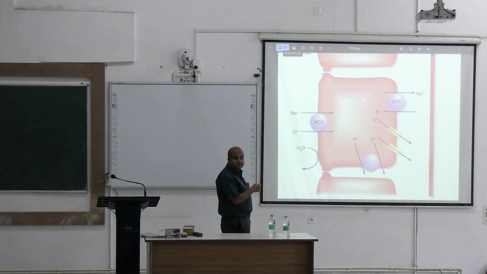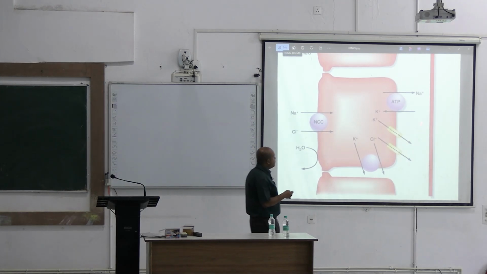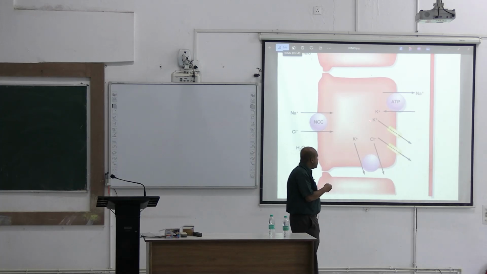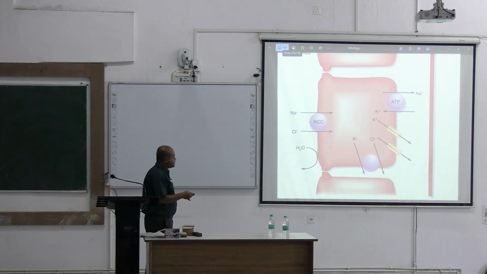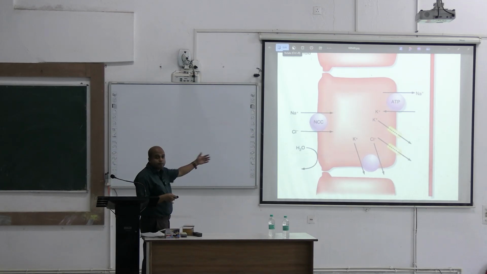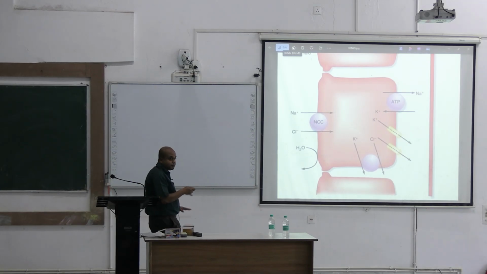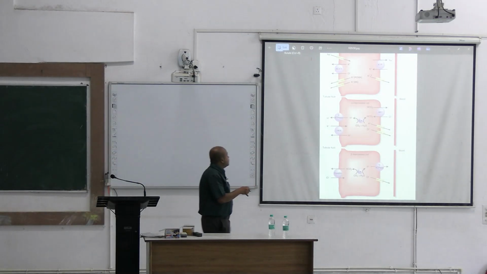So the ultimate is about sodium reabsorption, and potassium transport is just to maintain electrical neutrality. Potassium is going through the potassium channels and some through potassium chloride symport together.